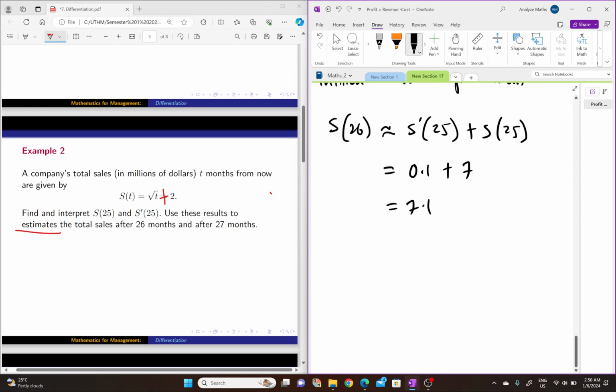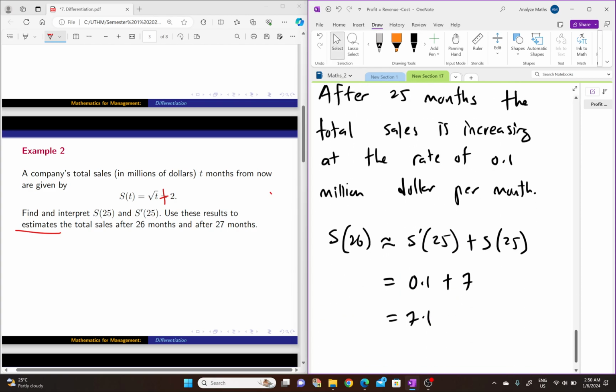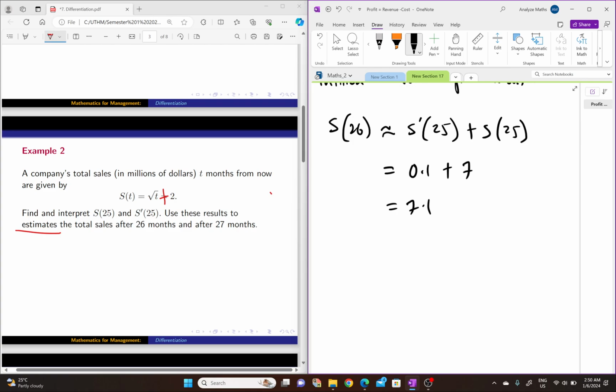But then if they ask you, according to the question, to estimate after 27 months based on the one we have found here, because we only found S prime 25, S prime 25 is the increment of 1 month.